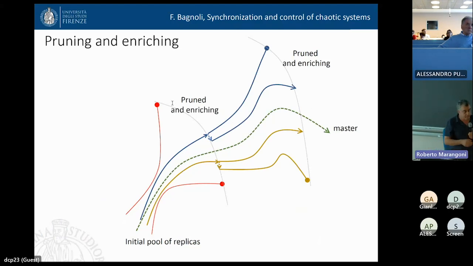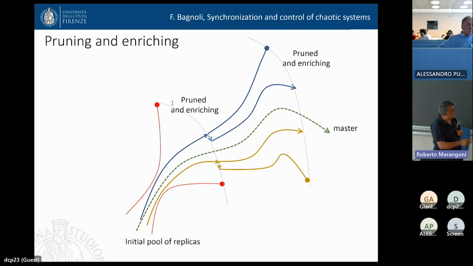I measure for this time the distance between the state of the replicas and that of the real system. Then I throw away the replicas that are too far, and I duplicate with some variation those that are near to the system.